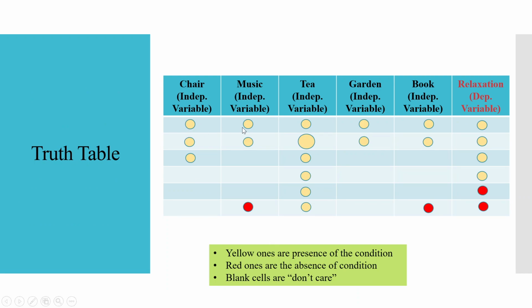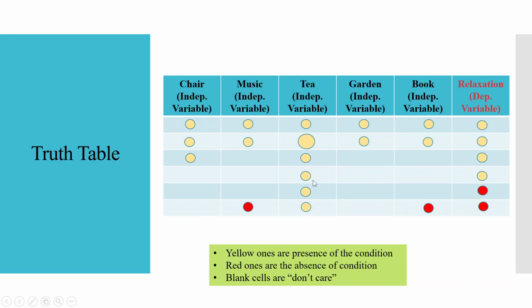Presence of chair, music, tea, garden, book leads to the relaxation. Presence of chair, music, tea with more strength, garden, and book leads to the relaxation. For some cases, the combination of chair and tea is enough to get the relaxation.